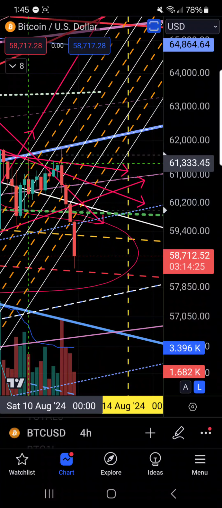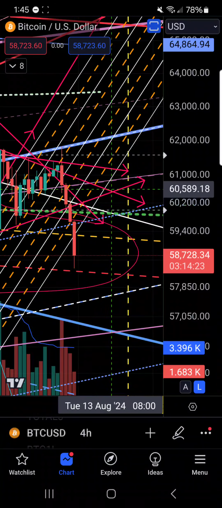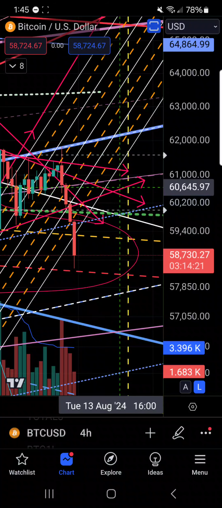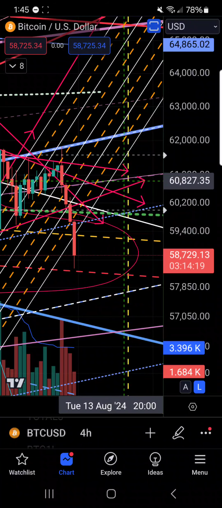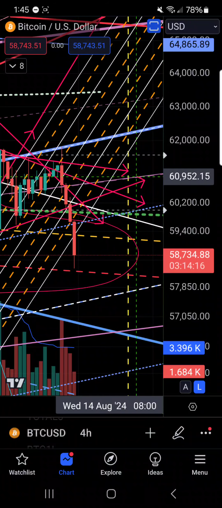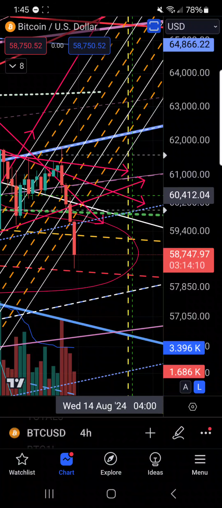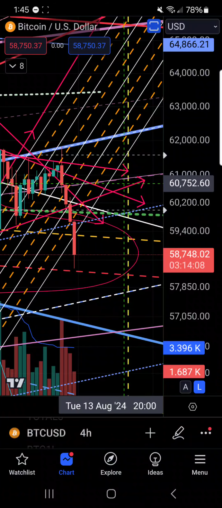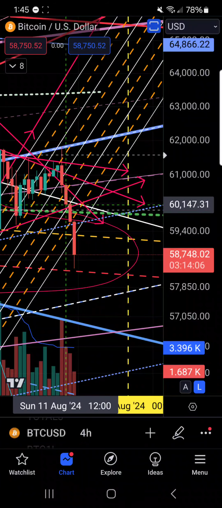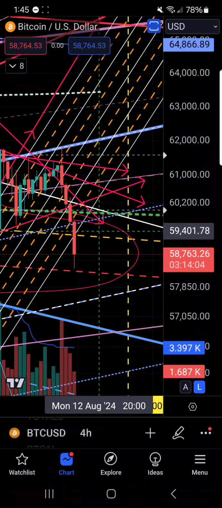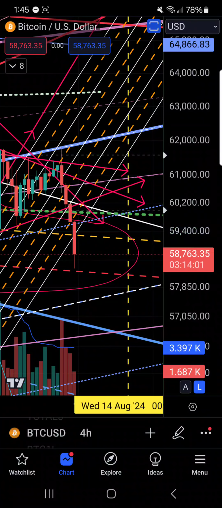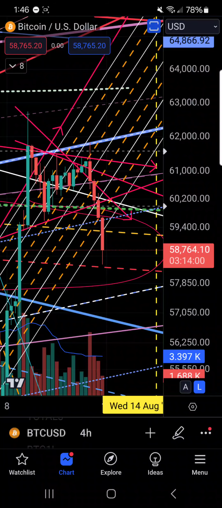And the consolidation was coming to a vertex, apex, vertex, whatever, right around the release of the CPI data on Wednesday morning. And we've fallen out of that. Interestingly enough, no, that's not even.